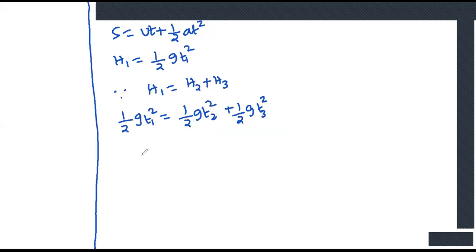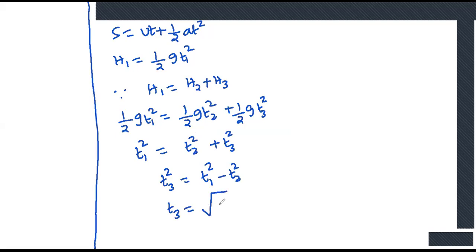So t1 square equals t2 square plus t3 square. That means t3 square equals t1 square minus t2 square, so t3 equals under root t1 square minus t2 square. That is the third application.